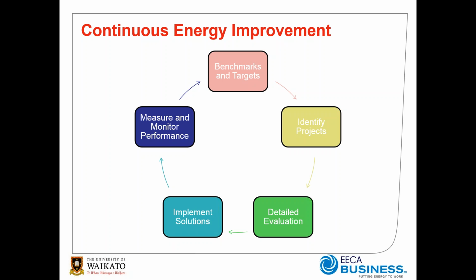From this preliminary identification of projects, it leads to a more detailed evaluation. The detailed evaluation should include things like a detailed cost-benefit analysis, and potentially utility modeling for predicting what will happen after you make a change to the process. This is particularly important for sites with cogeneration of heat and power.